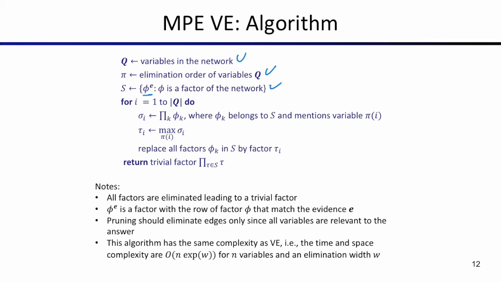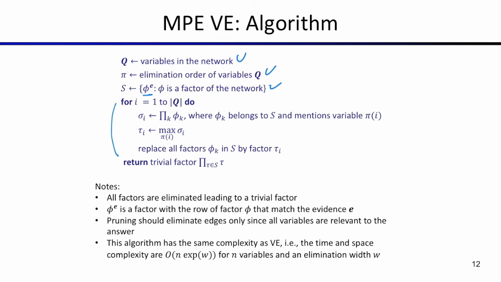All right, so what we do is basically variable elimination. We go through this loop, operating on all variables in Q. Remember that in MPE, the Q variables are all the variables that we have except the variables in the evidence, right? So we do a process of elimination for all those variables, and we do this in two steps, as we are used to.